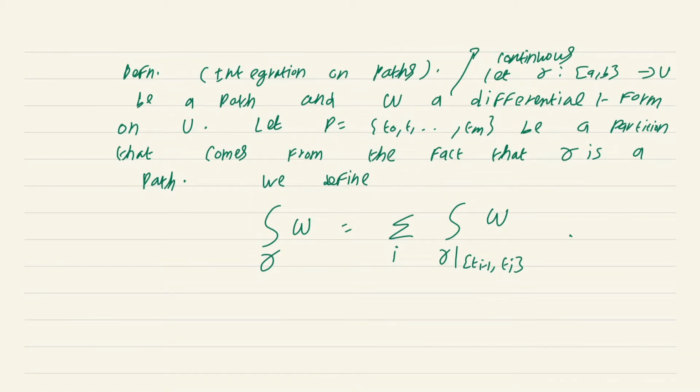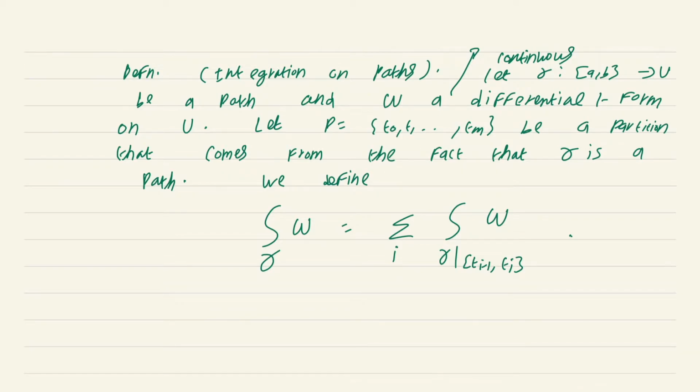So we just break up the interval AB into parts [Ti minus 1, Ti], on which when you restrict gamma you get a C1 smooth curve. We already know how to integrate differential forms on C1 smooth curves, and you just take the sum.